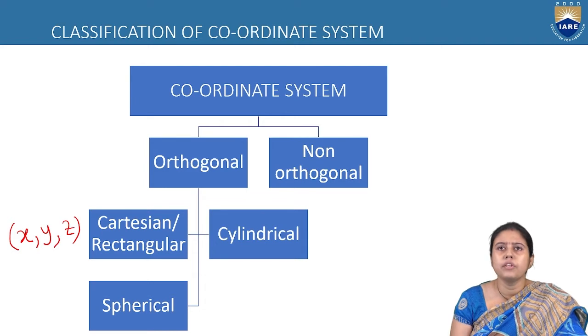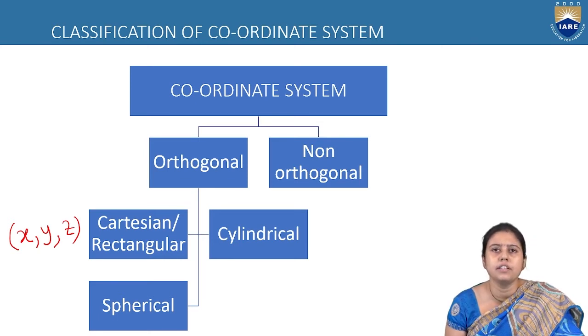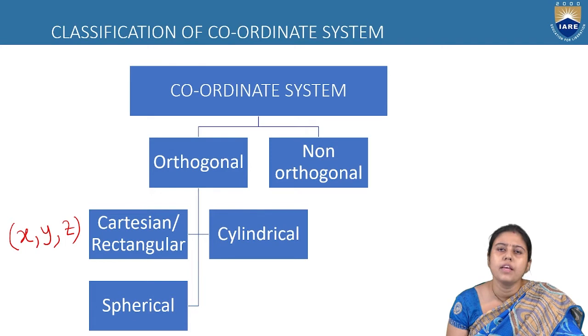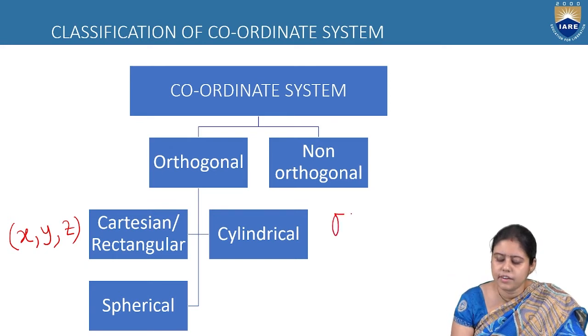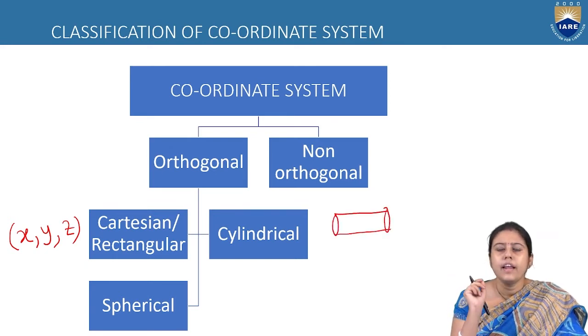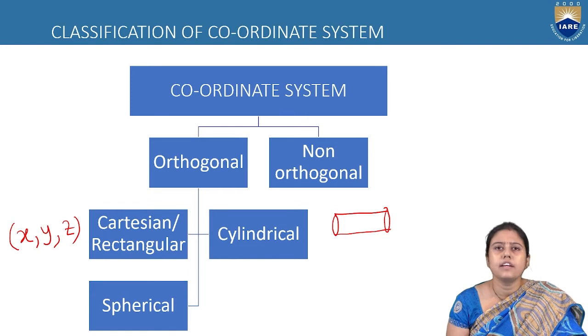Next we will move to the cylindrical one. What is cylindrical? As electrical engineers, we can give one good example of the cylindrical coordinate system: the current carrying conductor. A current carrying conductor looks like a cylinder. Any conductor or long line connecting wires has cylindrical coordinates.